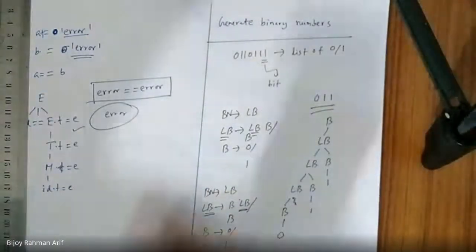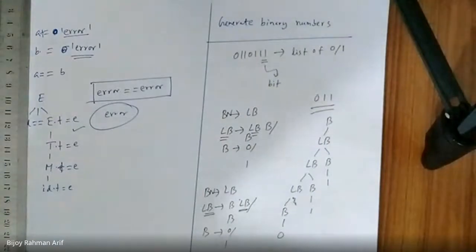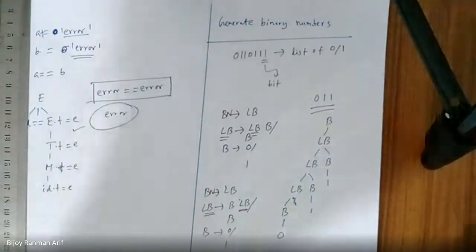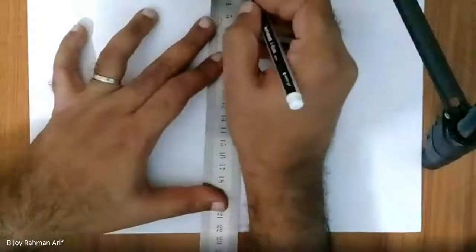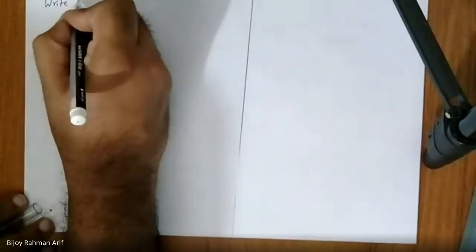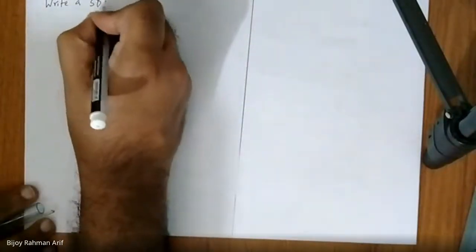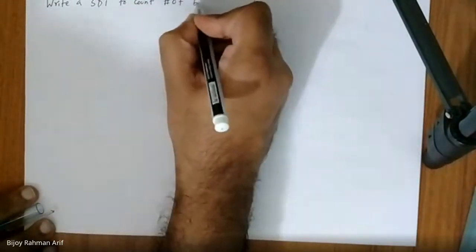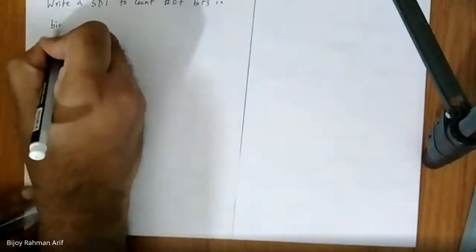Now, using this grammar, if I want to say how many bits are there in a binary number, how can you write an SDT? Write an SDT to count the number of bits in a binary number. The grammar is already given.